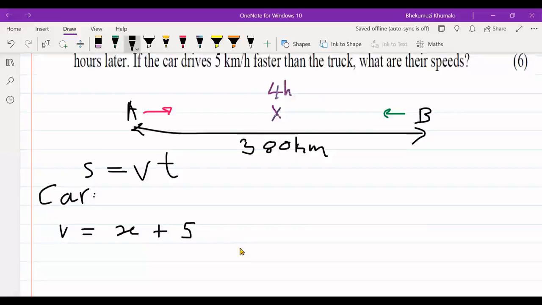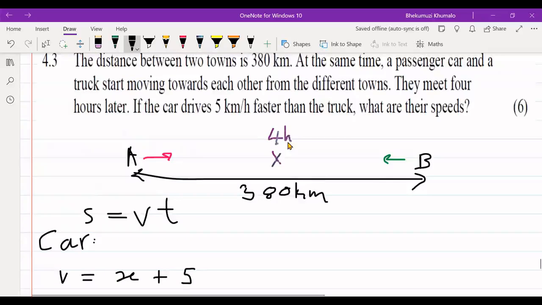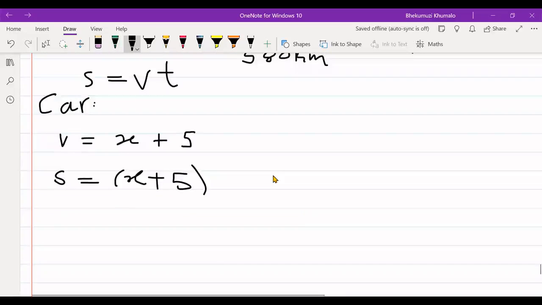And now, according to the question, we need to find the distance that they traveled, right? So the total distance 380 would have been the speed, which is x plus 5, and the only place they told us about time was when they met, at 4 hours.